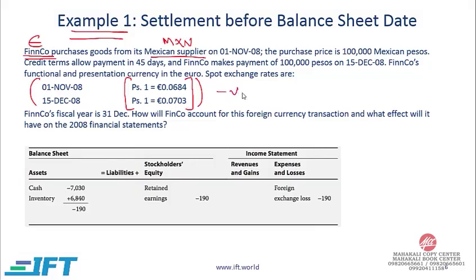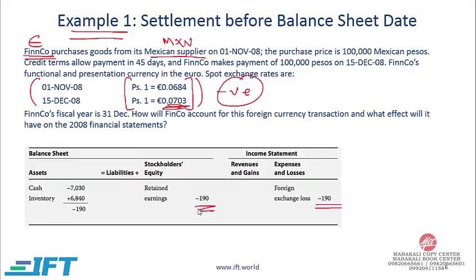This obviously is a negative for the importing company because it is now having to pay in peso, which is more expensive. This is a higher number. And that is shown over here through the fact that there is a foreign exchange loss because of the appreciation of the foreign currency, and that carries over to retained earnings.